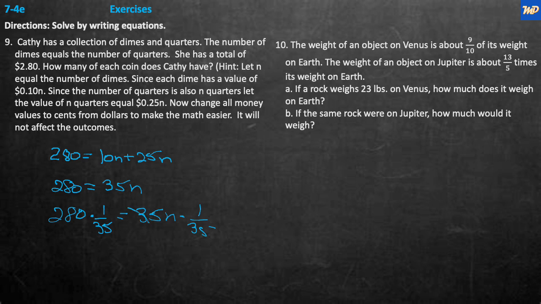The 35s cancel, so N equals 280 divided by 35, and that happens to be 8. So there are 8 dimes and 8 quarters.